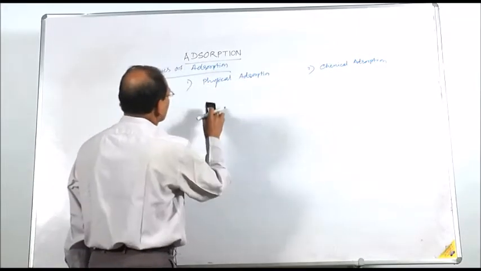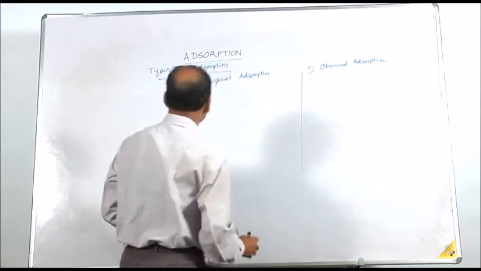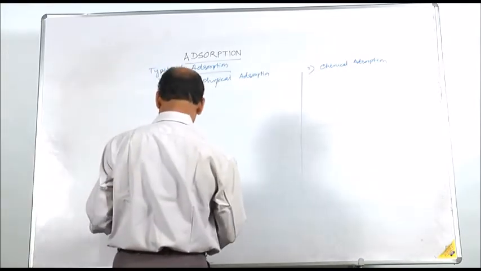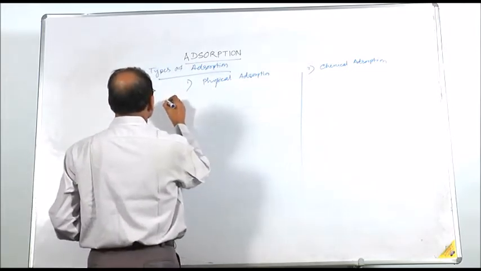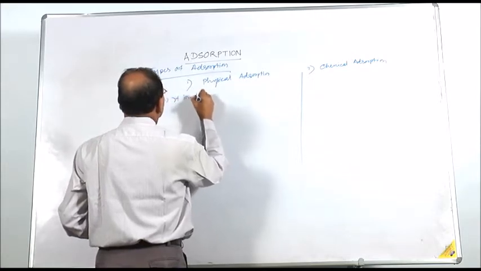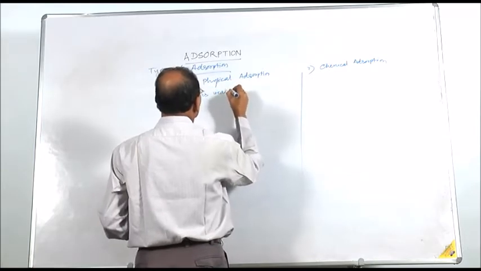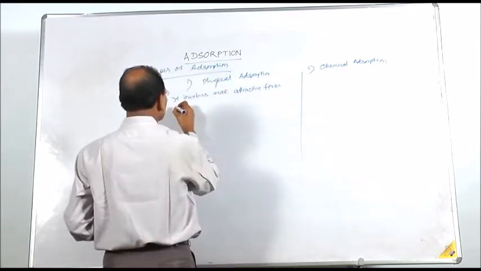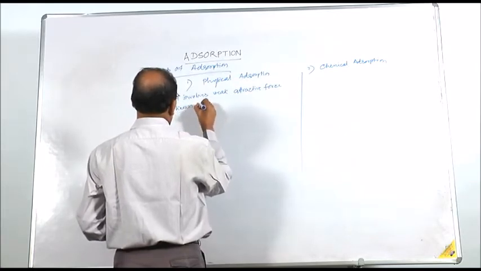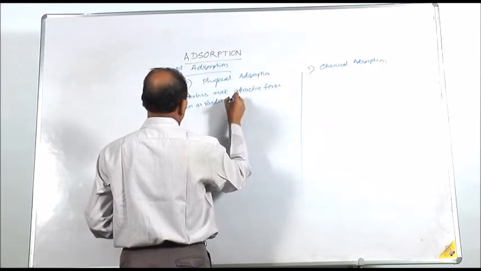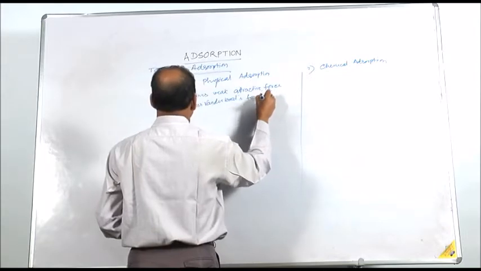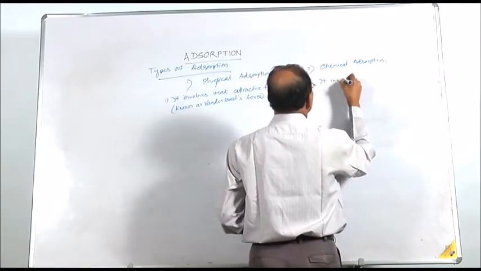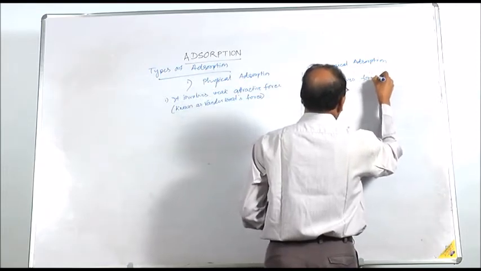So, the differences between physical adsorption and chemical adsorption, we will discuss point-wise. In physical adsorption, it involves weak attractive force known as van der Waals force, but in chemical adsorption it involves formation of a chemical bond.